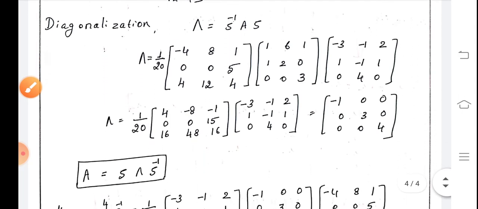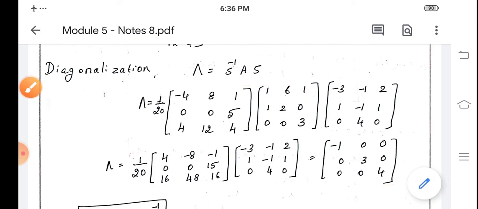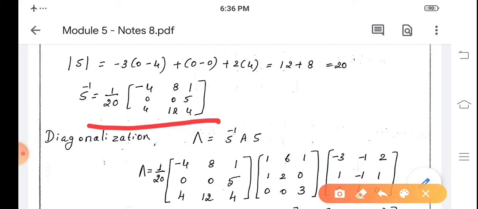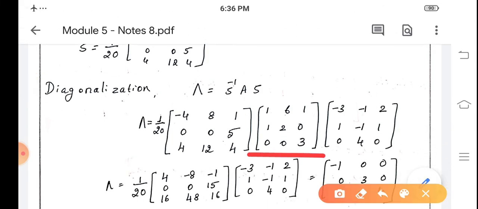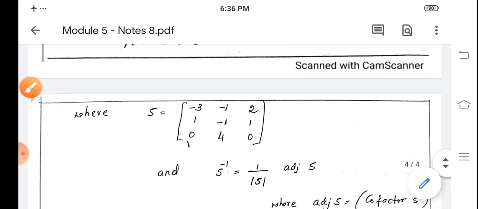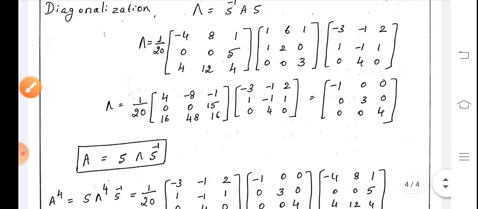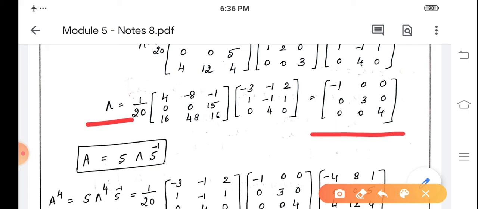Here we require diagonalization. Diagonalization is capital Lambda = S inverse AS, where S inverse is 1 by 20 into -4, 8, 1, 0, 0, 5, 4, 12, 4. A is the given matrix and S is the eigenvector matrix. So we substitute S inverse AS, and when we multiply this, we get capital Lambda = diag(-1, 3, 4).